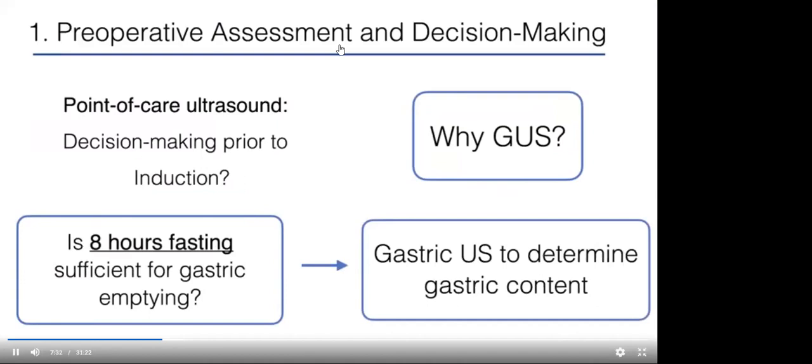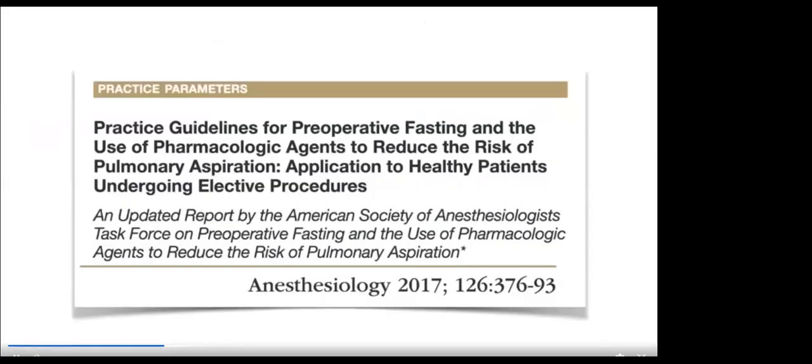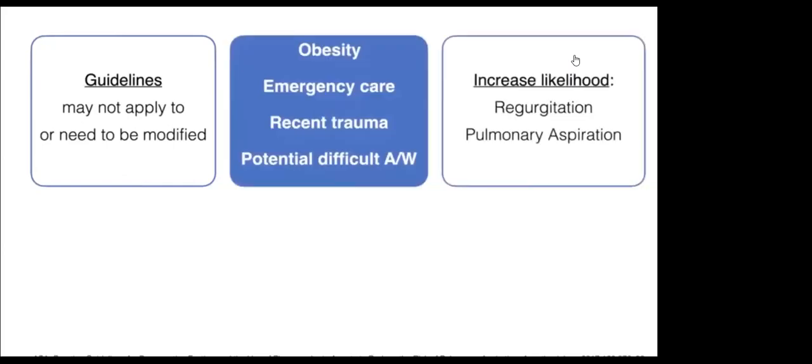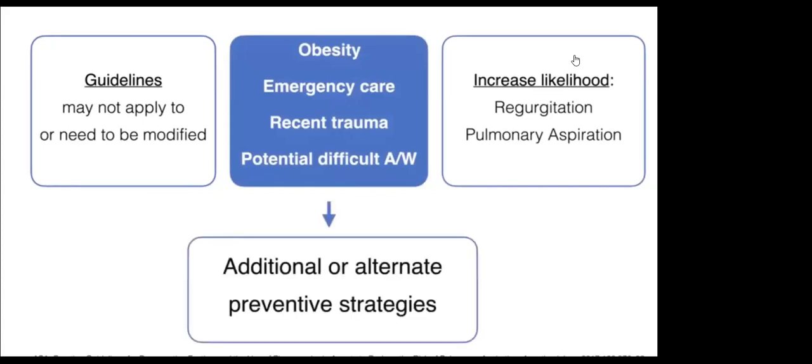We have guidelines, in this case from the American Society of Anesthesiologists, but we know that sometimes these guidelines may not apply to certain circumstances, and the aspiration risk needs to be avoided and decreased by preventative strategies beyond the guidelines.